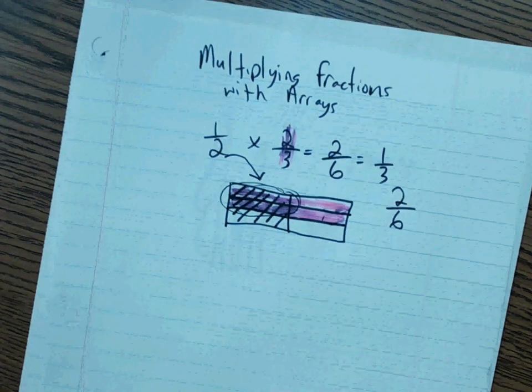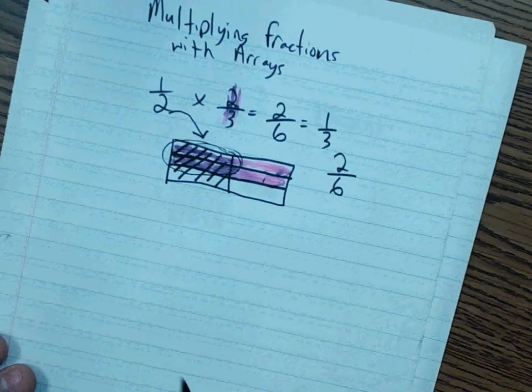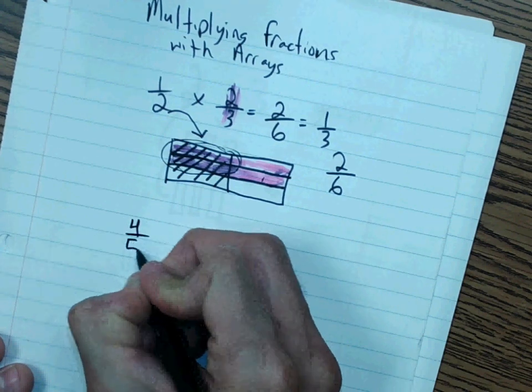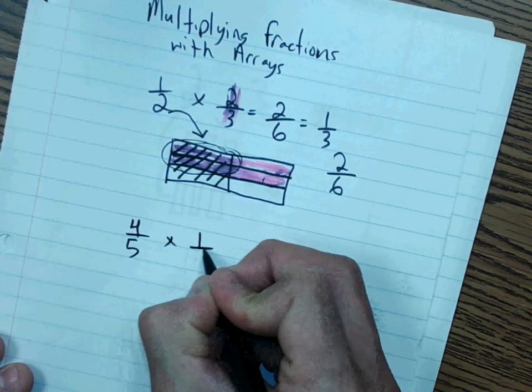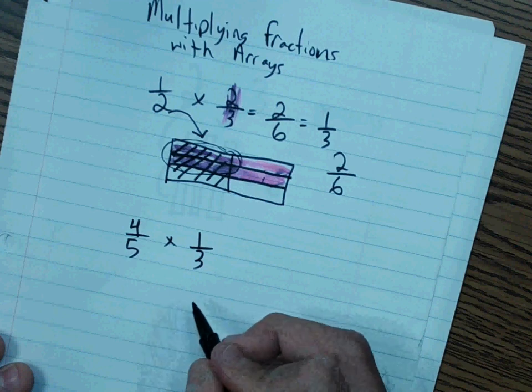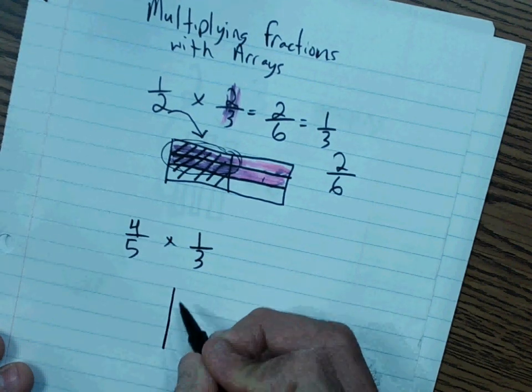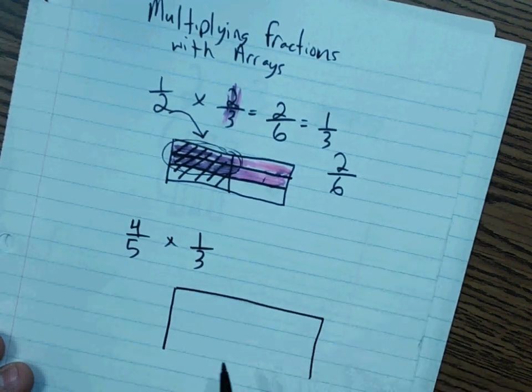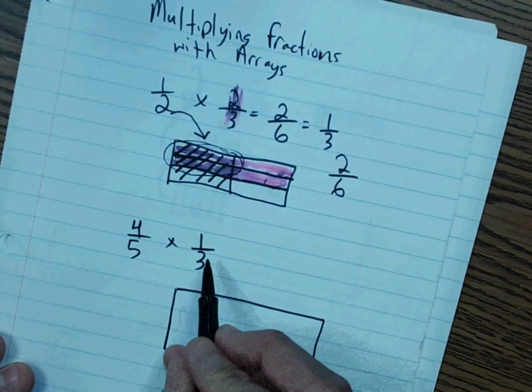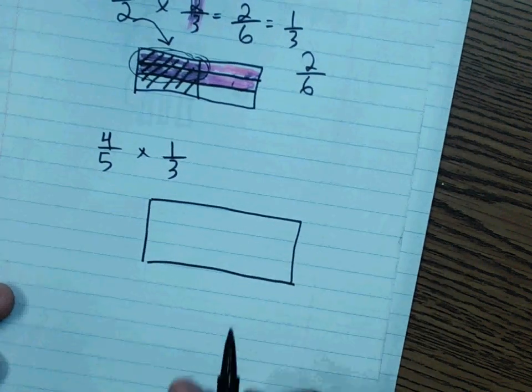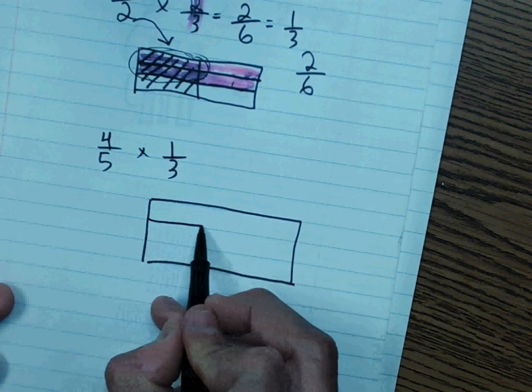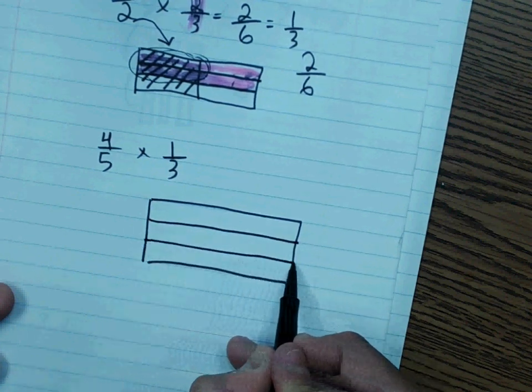Alright, let's go for another example. Let's do 4/5 times 1/3. I'm going to draw my rectangle. I'm going to divide my shape into thirds first, just using the lines on my notebook paper. Here's 1/3, there are 2/3, and now my 3rd.